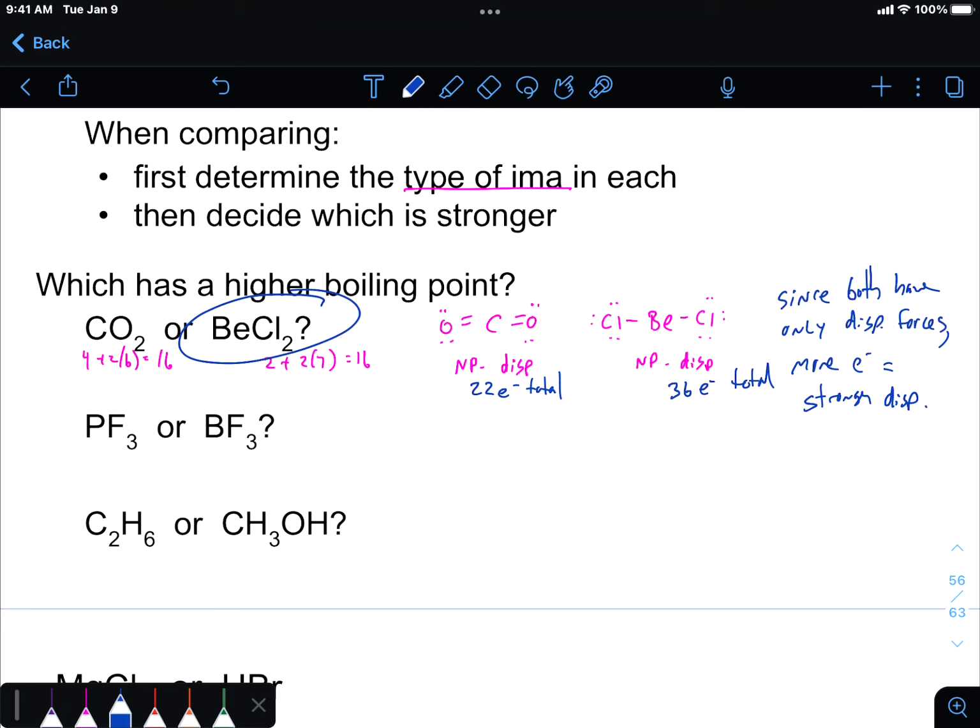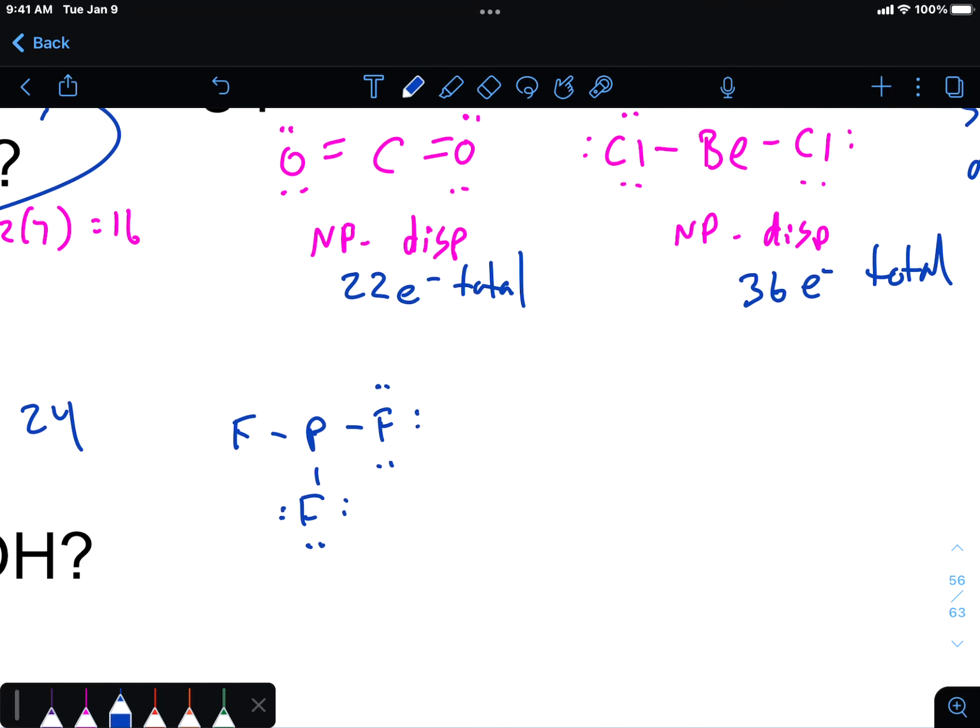PF3 or BF3. Okay, so phosphorus is 5 plus 3 times 7, so that's 20, so that's 26 total. Boron is 3 plus 3 times 7, so this is going to be 24. All right, so with phosphorus, that's 24, and it has a lone pair.